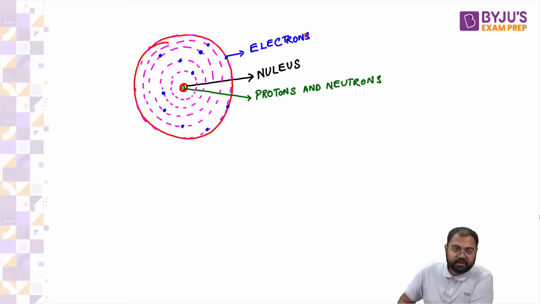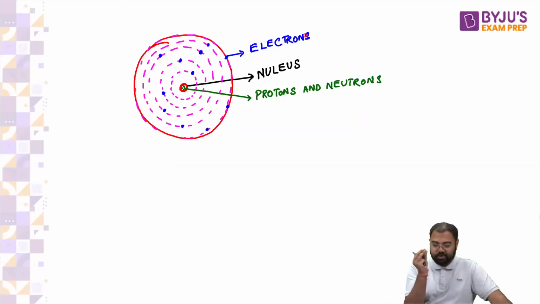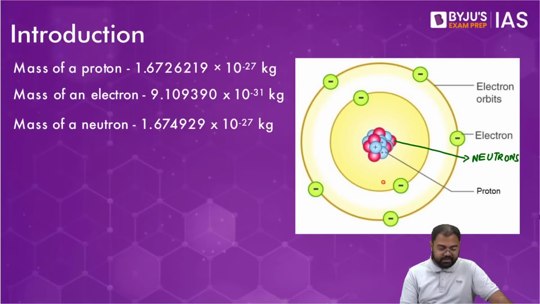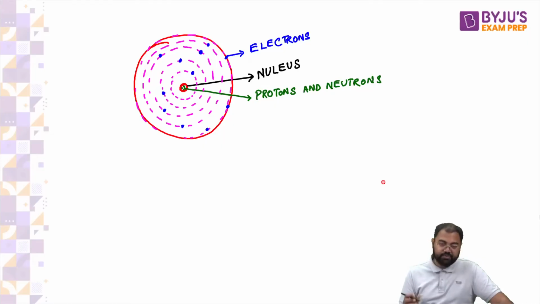So this is a typical structure of an atom. The atom has all the orbits, in which you have electrons, and inside you have this very small nucleus, and inside the nucleus you have all these protons and neutrons. This is how we look at the structure of an atom.